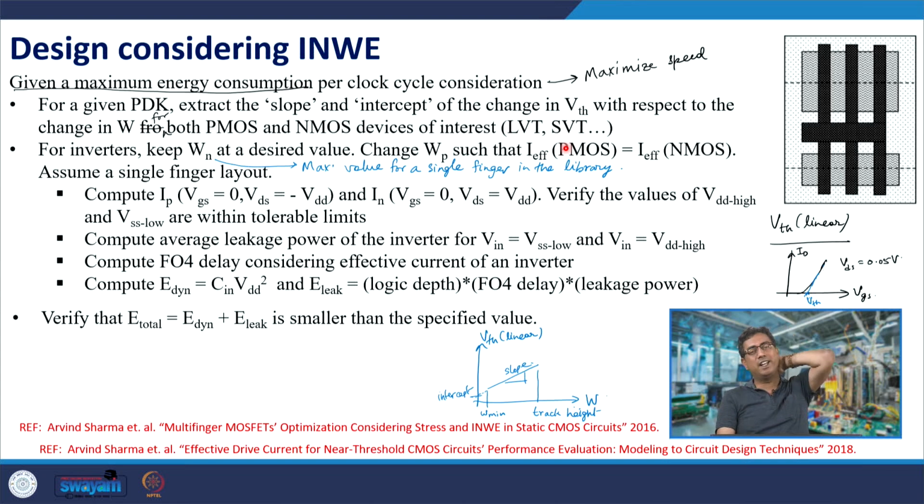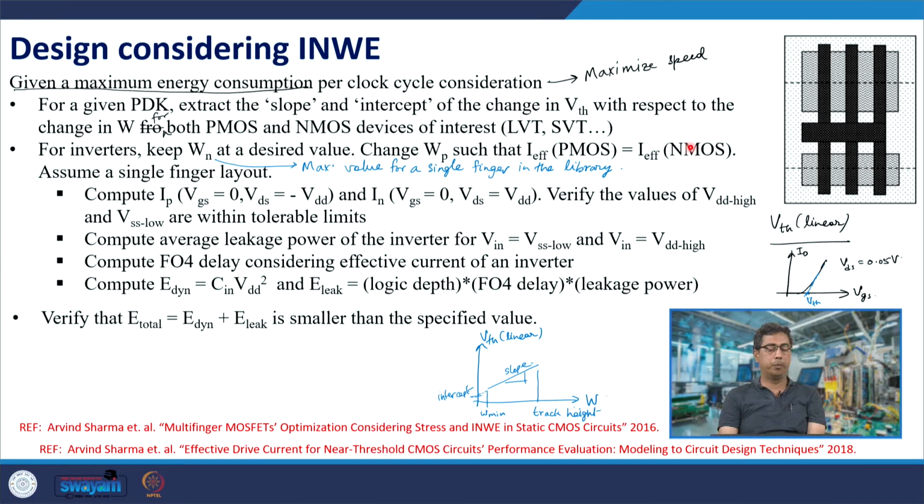We will get IL and IH, and these IL, IH are dependent on threshold voltage. So, for each width you have a different IL and IH, and therefore a different effective current. So, you choose a certain value of Wn and change the value of WP until I effective of the P MOSFET matches I effective of the N MOSFET.